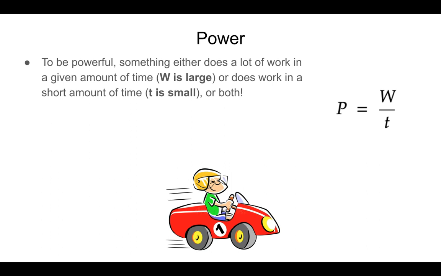Or that thing does work in a short amount of time, right? Which means that T is small, so it's very fast. And again, we saw on that first slide that the lineman is very fast, he's quick, and he's strong, very powerful, okay? And you can see that T, our time, is in the denominator, which means that if it is small, then P, power, is going to be large, because those things are inversely proportional to one another.